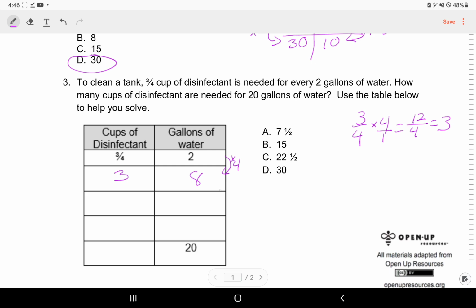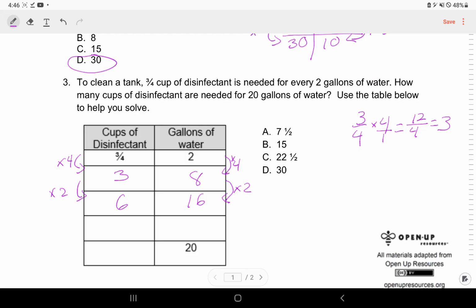Now, we want to get to 20. So, multiply by 2. We're at 16. Oh, so this was times 4. So, times 2. Now we're at 6.